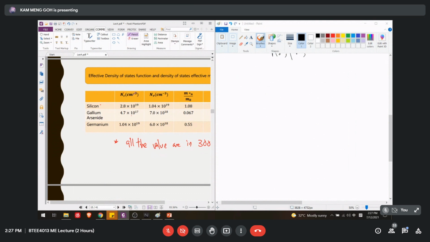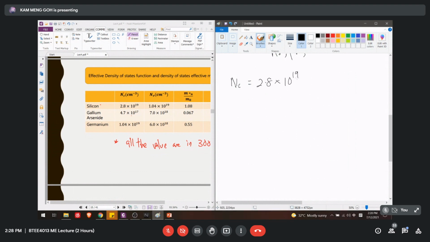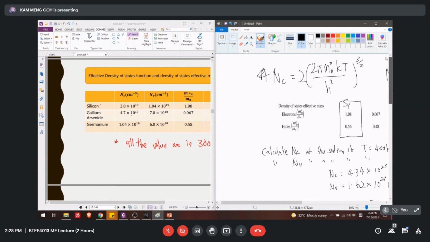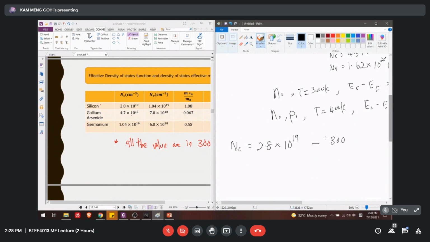But all these are in cm. So you can see that NC is 2.8 times 10 to the power 19 for the silicon if your temperature is 300K. But based on this 300K, you know that the temperature is actually to the power of 3/2, right?